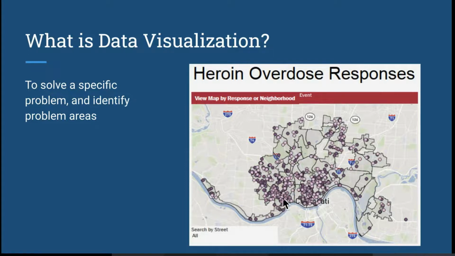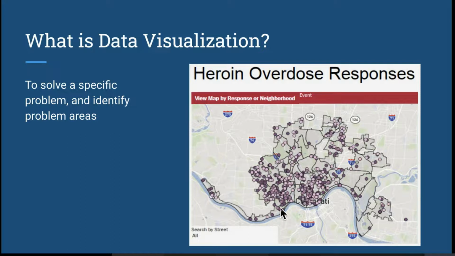In this case, the chart highlights the number of cases reported in the city of Cincinnati, and where the cases of heroin abuse overdoses are reported. We can see these are the regions highlighted by the dots over here.